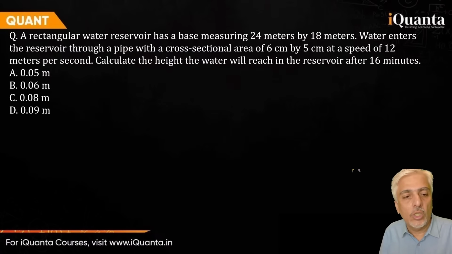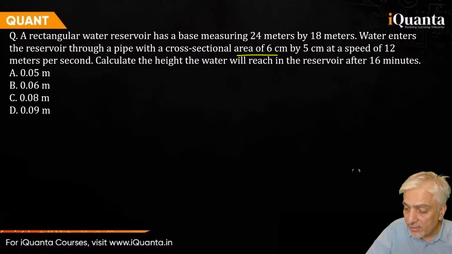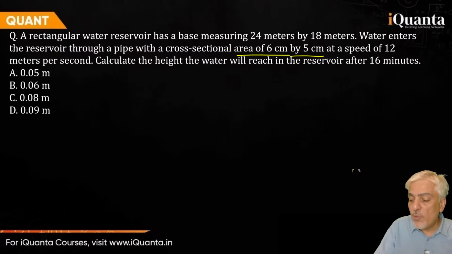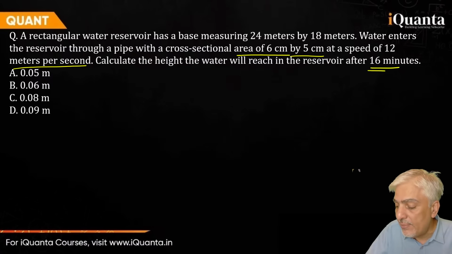A rectangular water reservoir has a base measuring 24 meters and 18 meters. Water enters the reservoir through a pipe with a cross sectional area of 6 by 5 centimeters at a speed of 12 meters per second. Calculate the height the water will reach after 16 minutes.